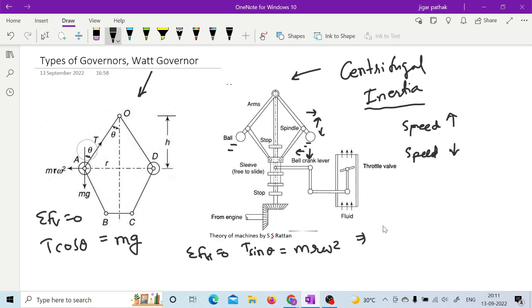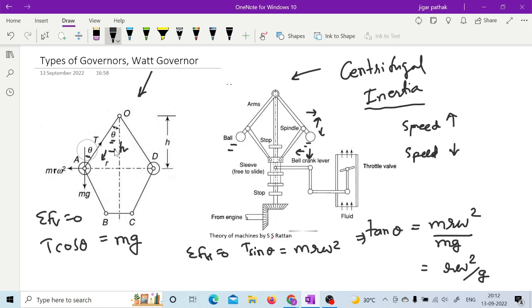If you take the ratio of both equations, then you will find that tan theta is equal to m r omega square upon mg, which will be equal to r omega square upon g, right? Now if you observe the figure, tan theta can also be represented as r by h, because here this is theta, so tan theta is r by h, right?